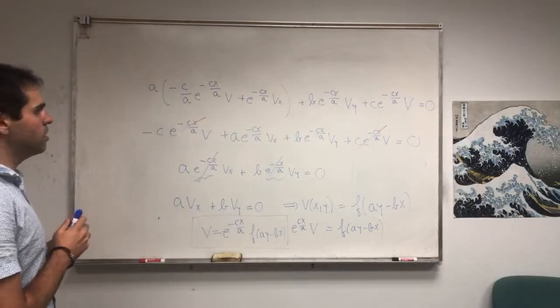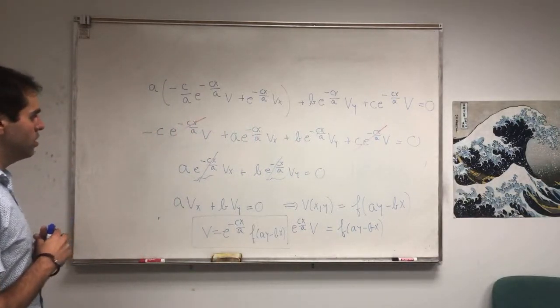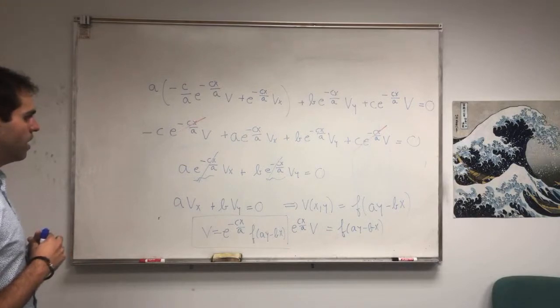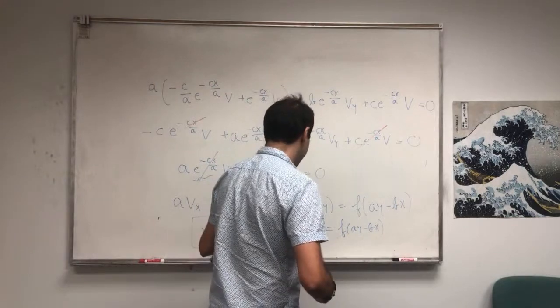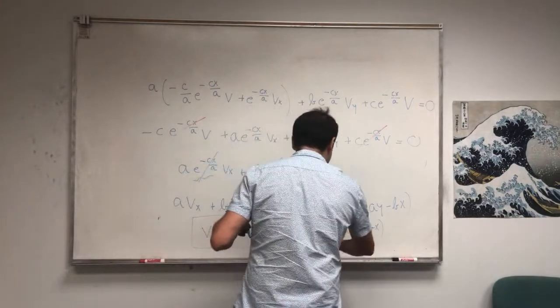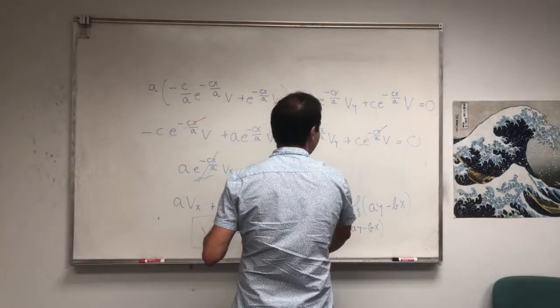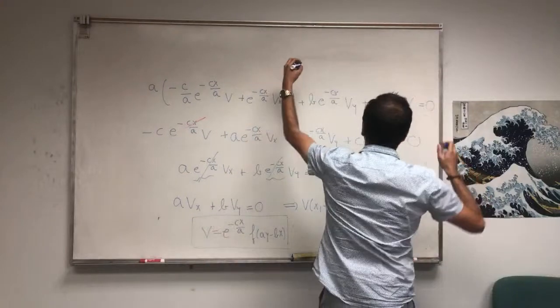So U is E of minus Cx over A... I don't know what I'm talking about, sorry. So V is, oh God, I keep forgetting.